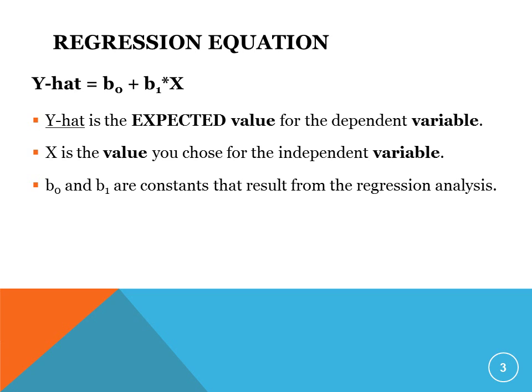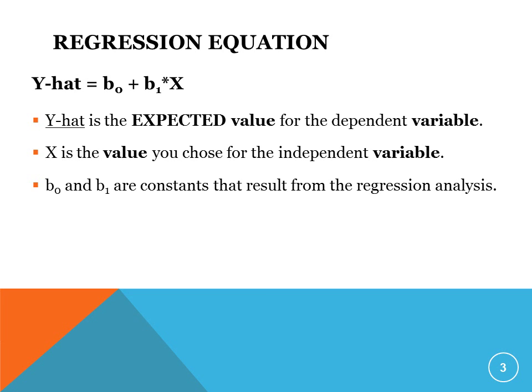So the regression equation looks like this: y hat equals b naught plus b1 times x. X is our independent variable. It's the value for that independent variable. So if female is our variable where female is 1 and male is 0, in that equation we would put 1 for female, or we would put 0 if we wanted to predict what the male would be.